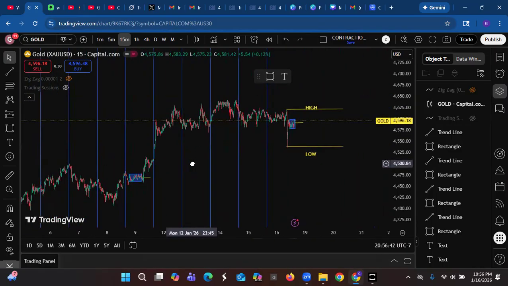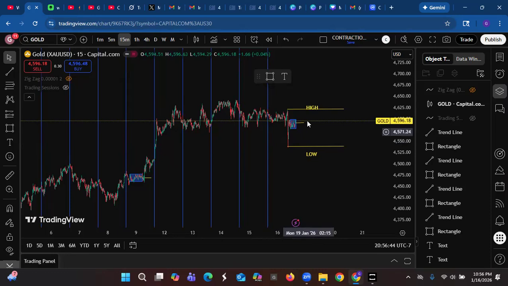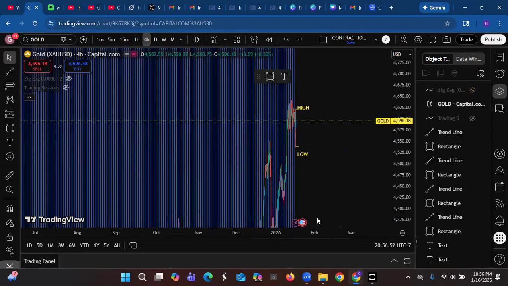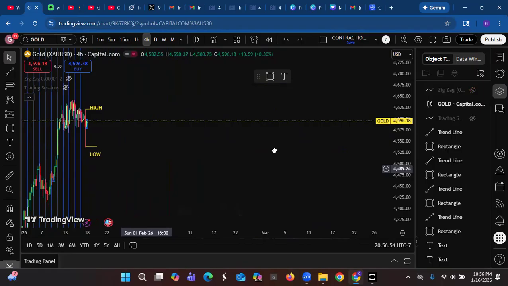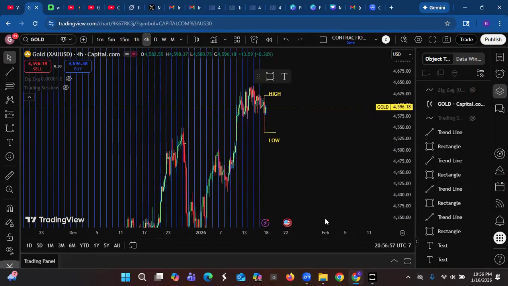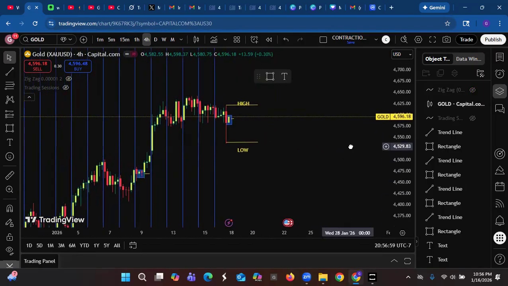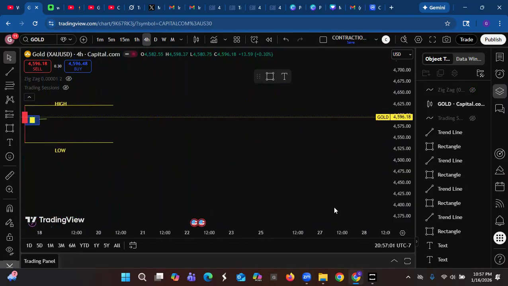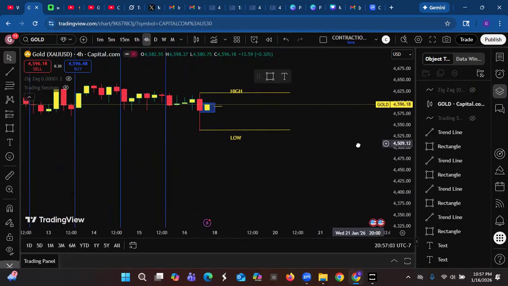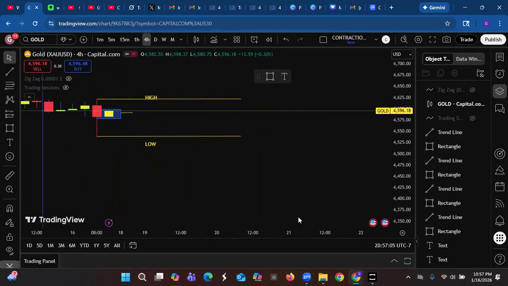So what I did, this is the highs. I marked out the highs and the lows on the 4 hour for Sunday. Again, like I said, today's Friday night. So I marked out the highs and lows when the market closed of the previous day, which would have been Friday.